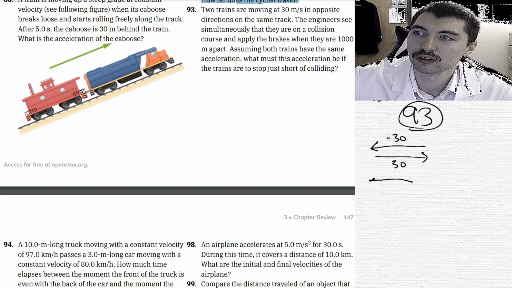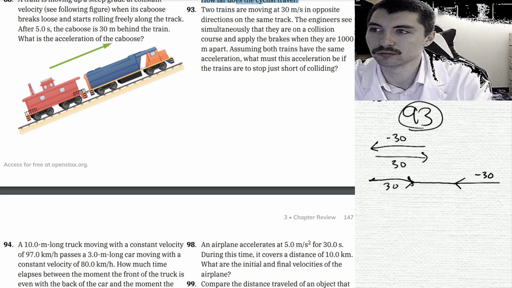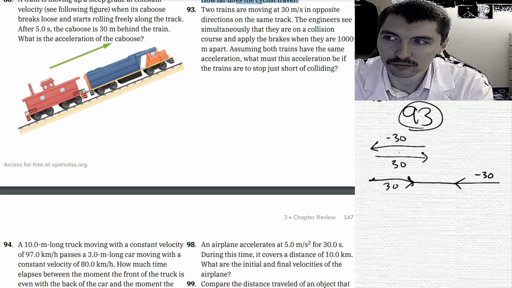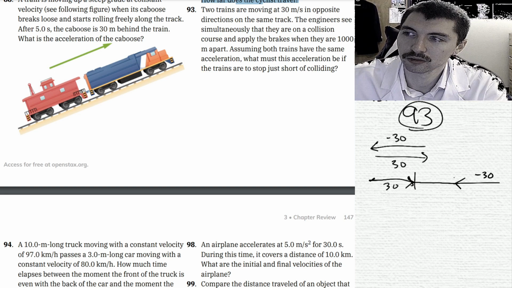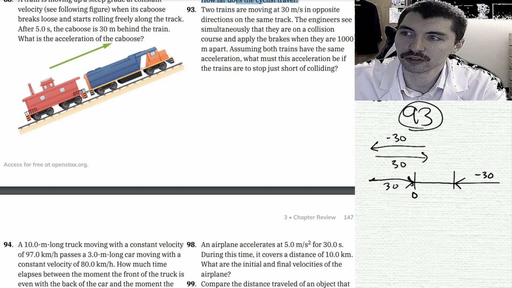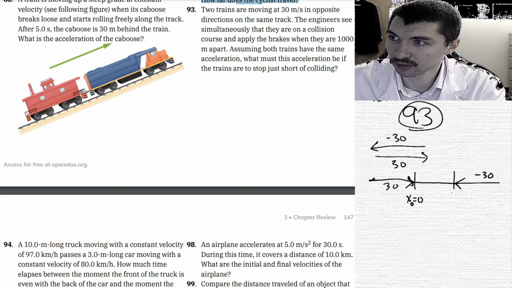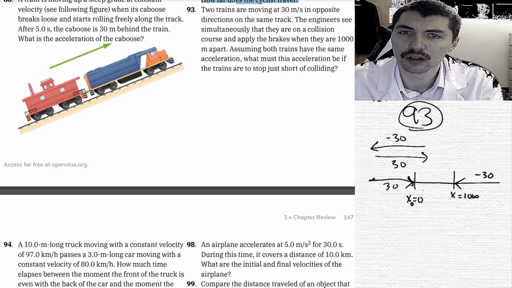So one is going 30, one is going negative 30. Okay, so they start apart, so x is 0. X is 1,000.